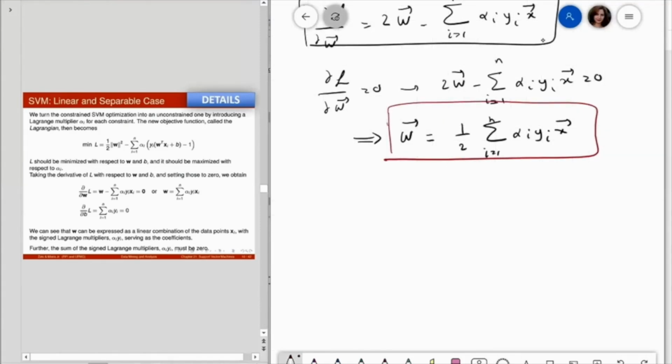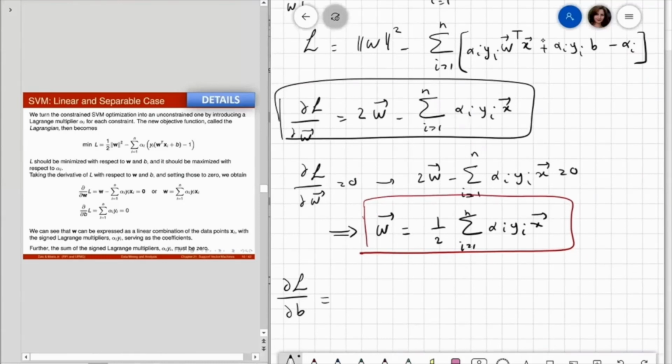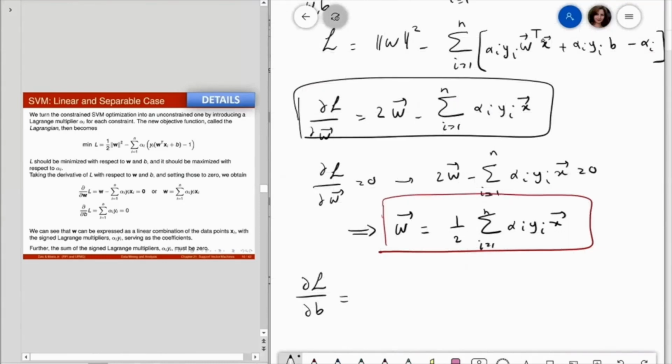Now for b, if I take the derivative of L with respect to b, the only term that has b in it is this one over here. So it's equivalent to minus sigma alpha i yi, i equals 1 to n.